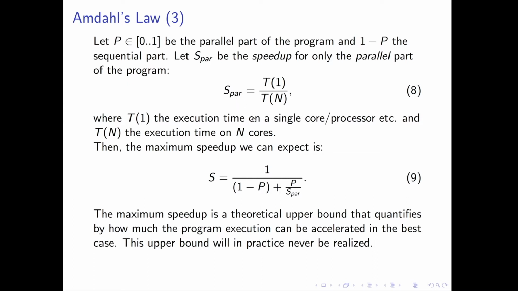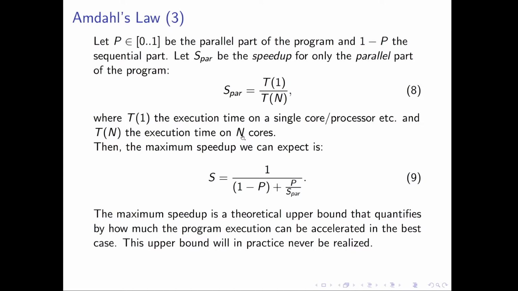The parallel speedup is defined as the execution time of just that part, the parallel part P, when being executed on a single processor, which we call T of 1, over the execution time of the parallel part being run on n cores. And with that, we can define the maximum speedup for the whole program.